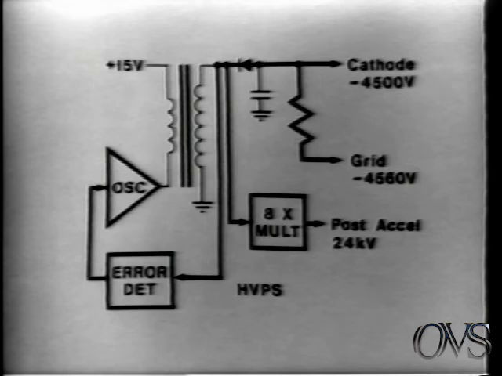The high voltage AC is also applied to a voltage octupler, where it's rectified and multiplied by a factor of 8. The 24 kilovolt output is applied to the CRT post-accelerator. The output level of the secondary winding is monitored by an error detector. If the voltage varies from normal, the detector provides a correction signal to the oscillator to change the primary voltage, compensating for the variations.